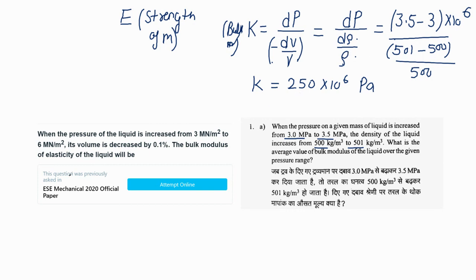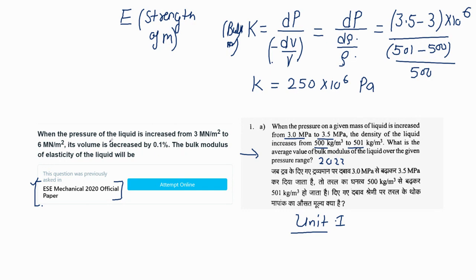Now you see, a similar question has been asked in ESE Mechanical 2020. So this question was asked previously and again in 2022. Now this question is from which unit? It is from unit 1. Now we try to solve this numerical.